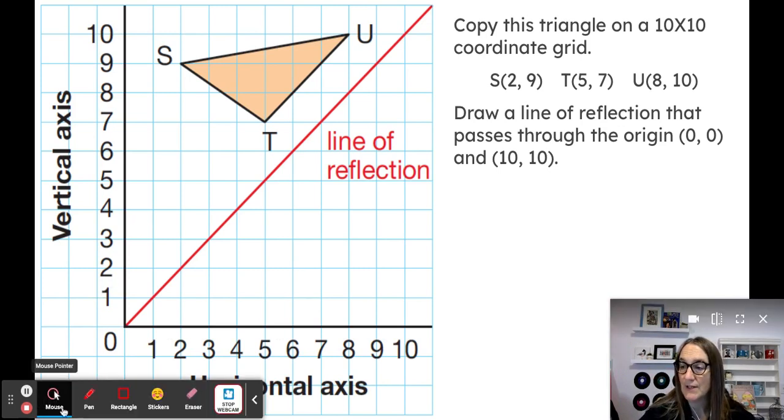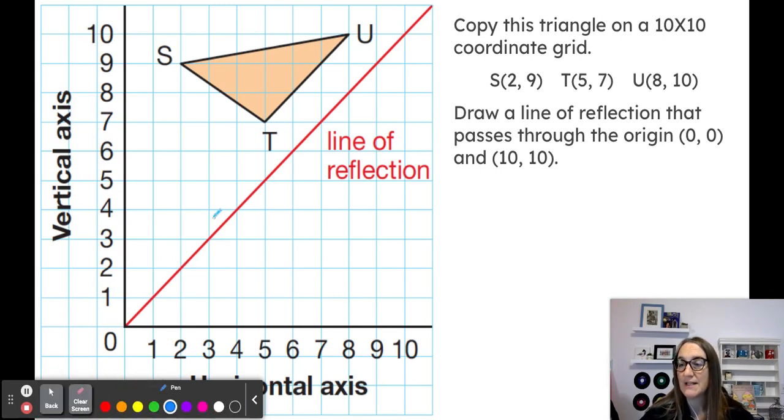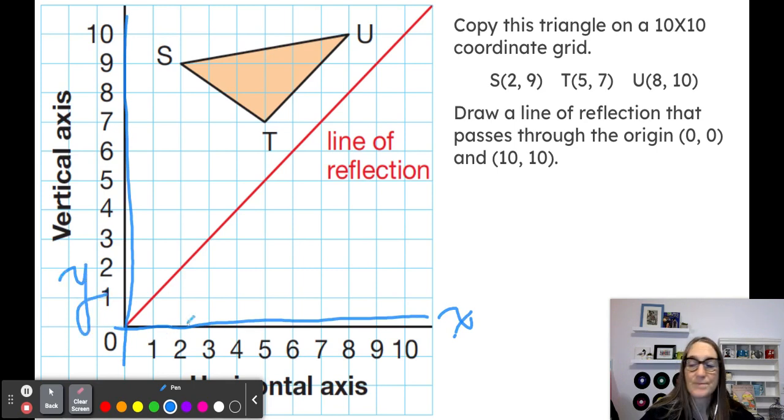So let's have a look at that. And we'll take a blue pen to illustrate it. So our line of reflection in red bisects the x-axis right there and the y-axis right there.